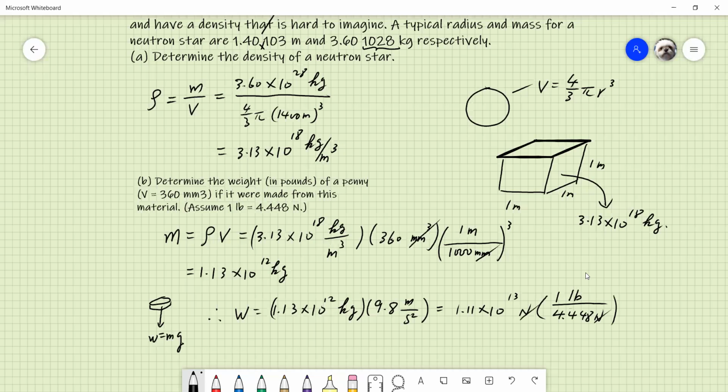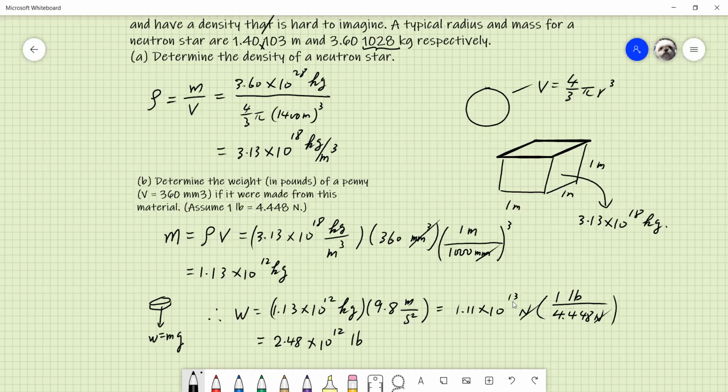So I'm going to cancel this, and then divide by 4.448. So I get 2.48 times 10 to the 12. That will be the British unit of the weight: 2.48 times 10 to the 12 pounds.